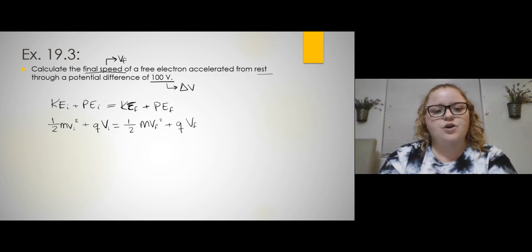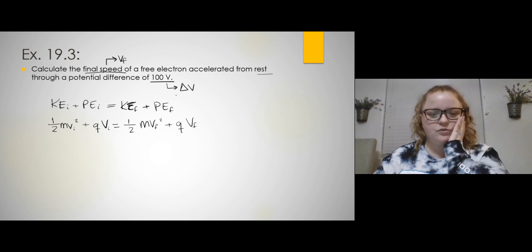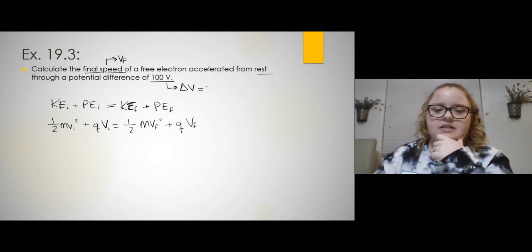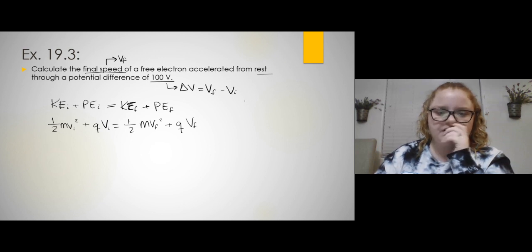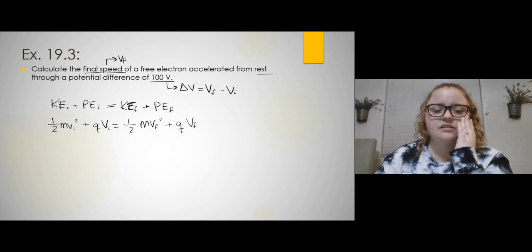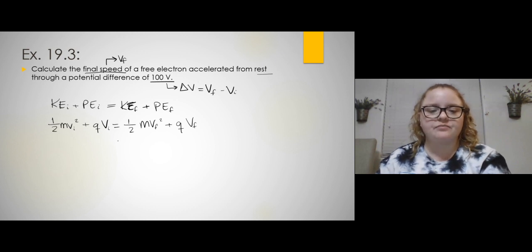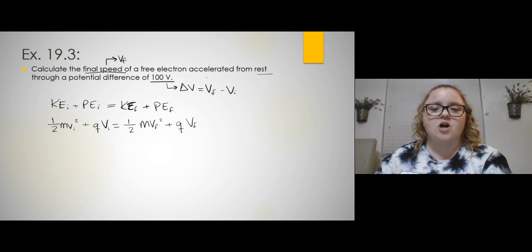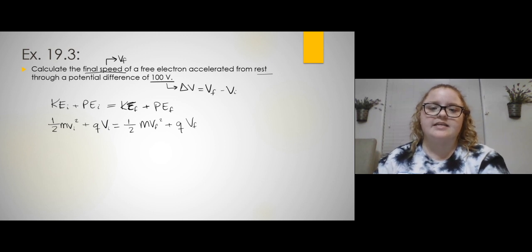Note that we have our potential difference. We don't have an initial or a final potential, so we have a potential difference, or delta V. Delta V is, of course, V final minus V initial. That's how we defined differences or changes in anything. Also note that in this problem the electron was accelerated from rest, so our initial velocity is 0.